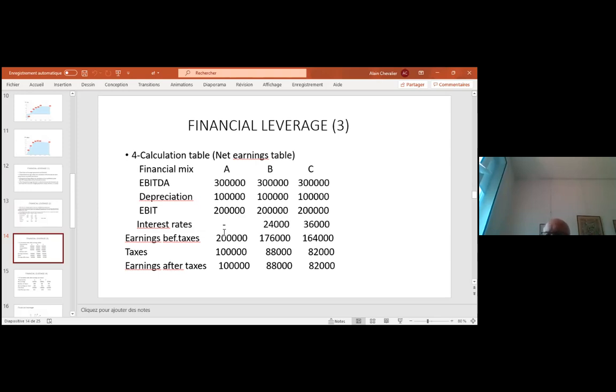Then you get the taxes, and here we have very high tax rates, 50%. If you look at tax rates in many countries over the last 50 years, they have been moving from very high levels. 50% is easy for calculation, but in many countries, 40 years ago, you found 40%.